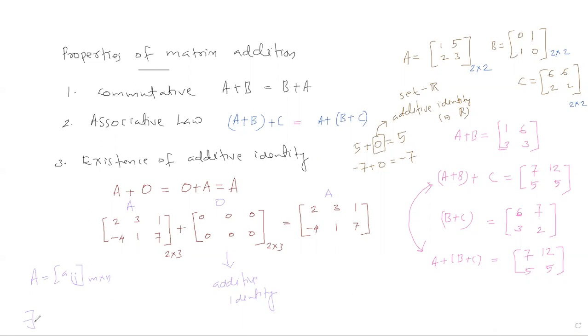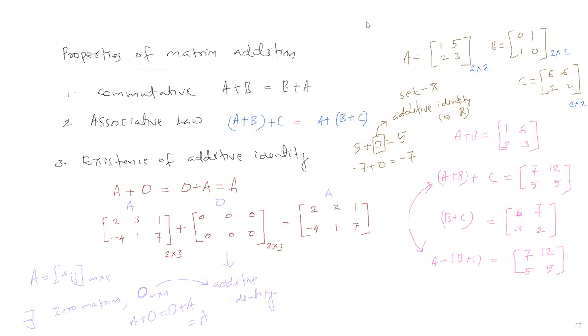This symbol is read as there exists. There exists zero matrix. Zero matrix, symbol O with order m by n such that A plus O or O plus A is same as A, then O is known as the additive identity.